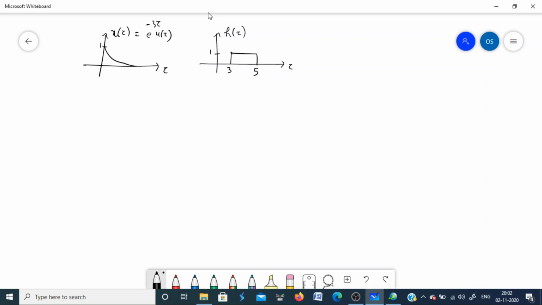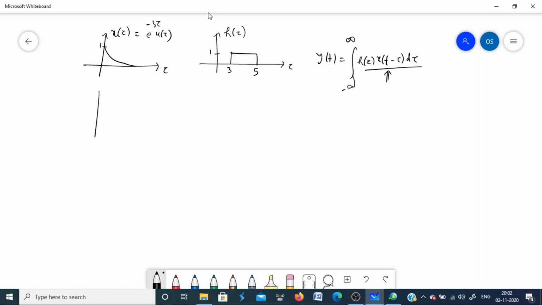Okay, so I have to find the convolution. Suppose I use this equation, x of t minus tau h of tau. In one case it means I am folding x of tau.